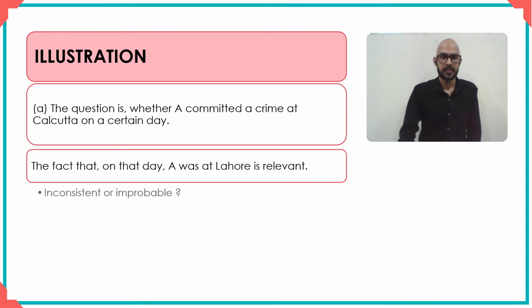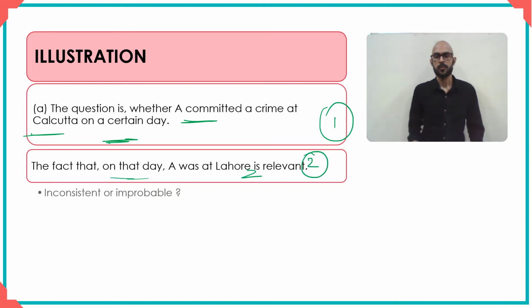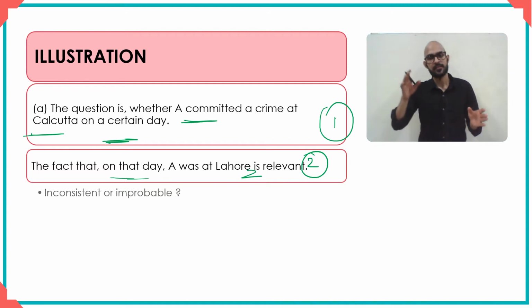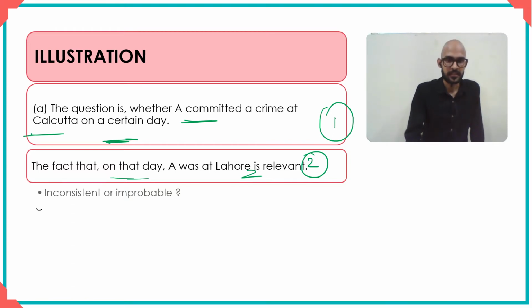Which means that let us say A on a certain day is in Calcutta. Fact number one. A on the same day was at Lahore. Now, are these two things inconsistent, or is it improbable that one can be in Calcutta as well as Lahore on the same day? Well, it's important for us now to understand the difference between inconsistency and improbability.